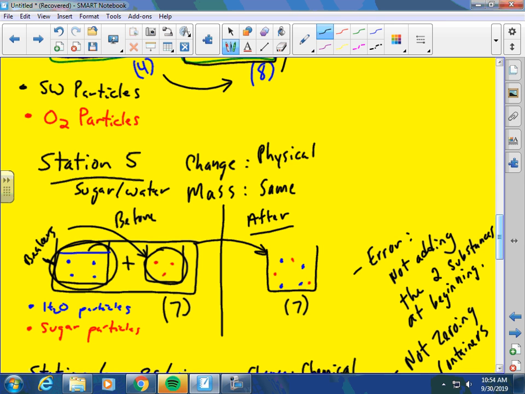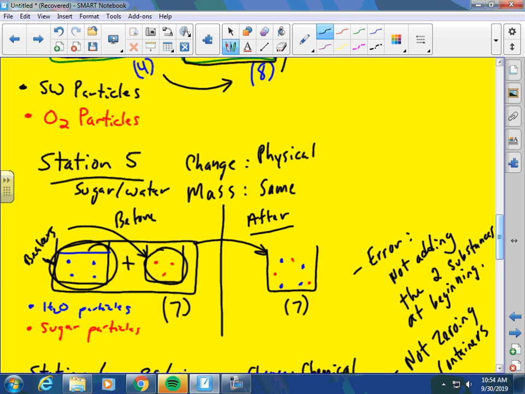Yeah, it bubbled up, right? So when we see bubbles produced, that's an indicator of a chemical change.